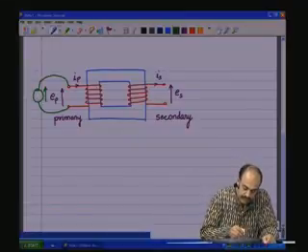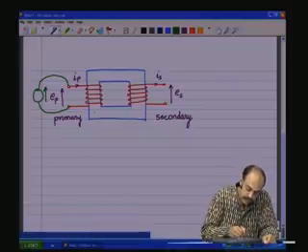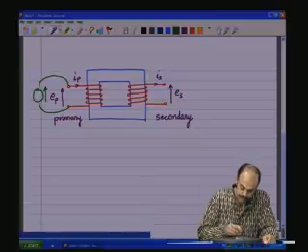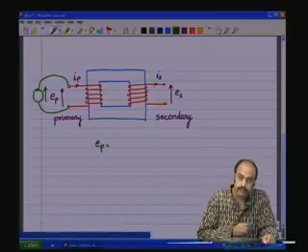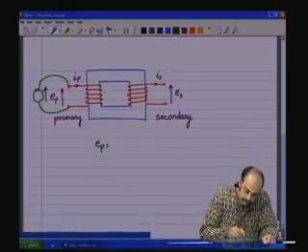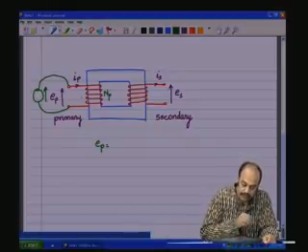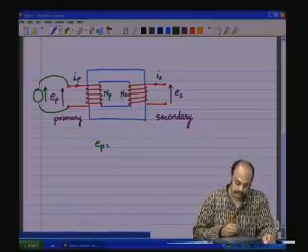So, once a current IP is flowing through the primary coil, there is going to be a rate of change of flux induced within the core. That is, EP will be, let me say that there are N1 or NP number of turns on the primary coil and Ns number of turns on the secondary coil.